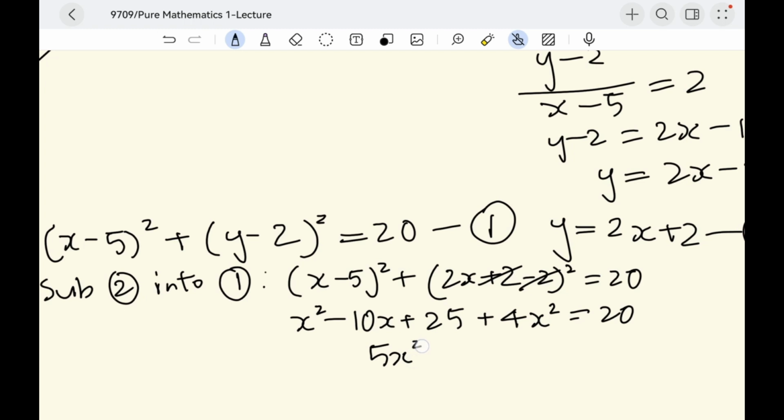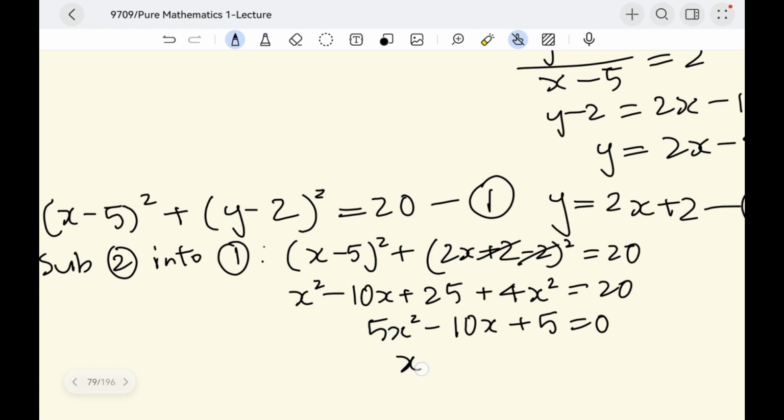So 5x squared minus 10x plus 5 equals 0. As you can see, 5 is a common factor for each term in this quadratic equation, so I can express it as x squared minus 2x plus 1. It is a perfect square, so you can factorize it easily. So I have (x minus 1) squared.